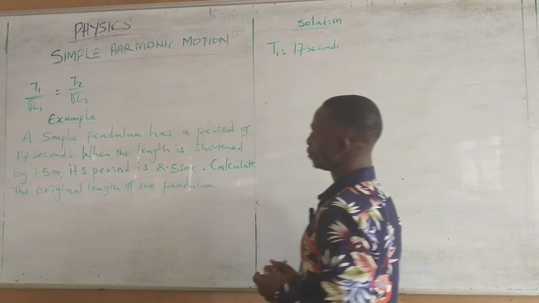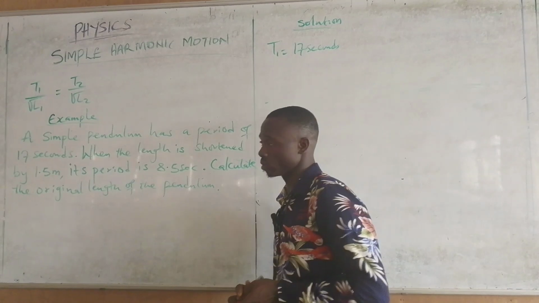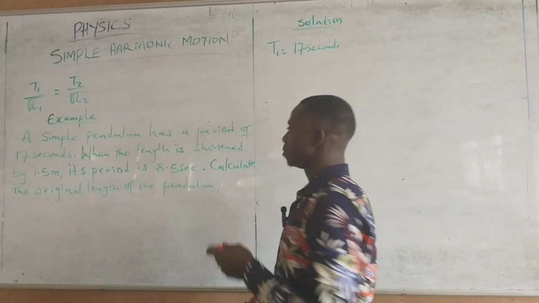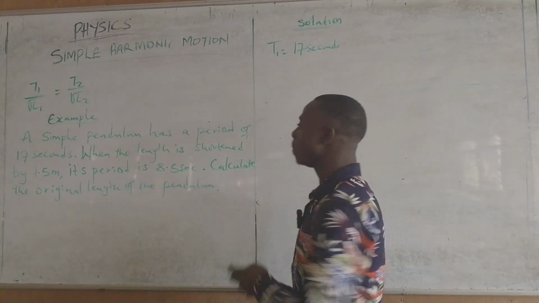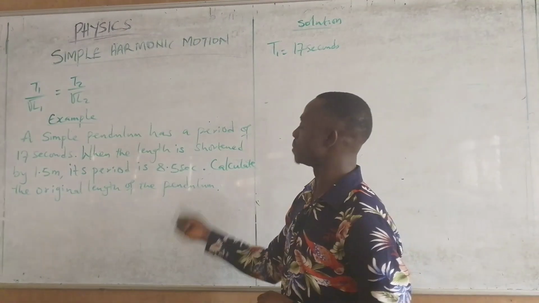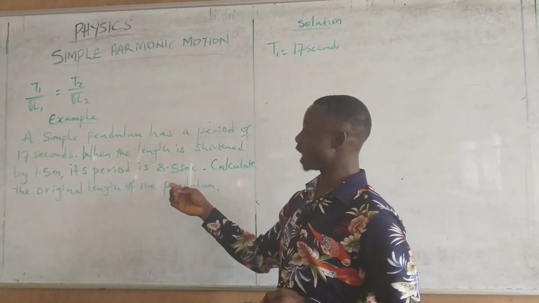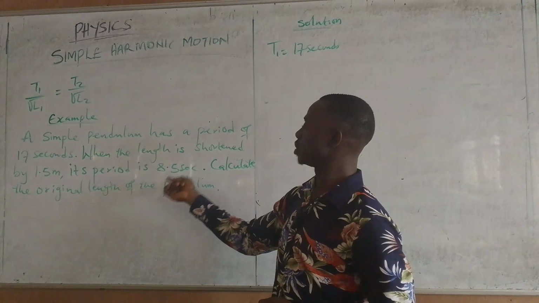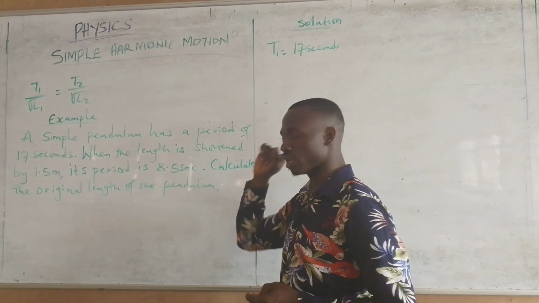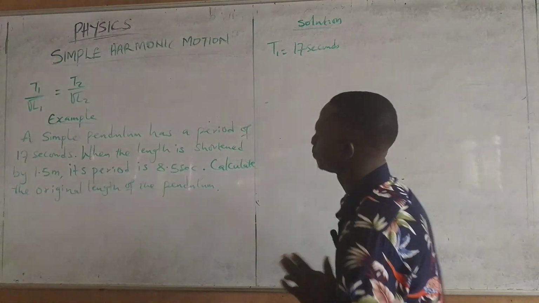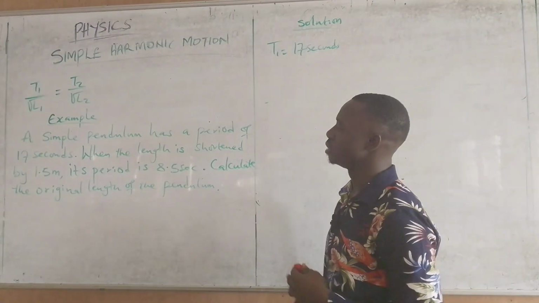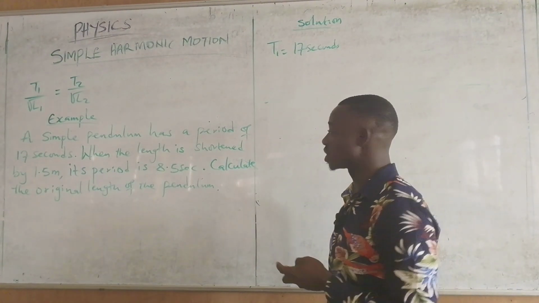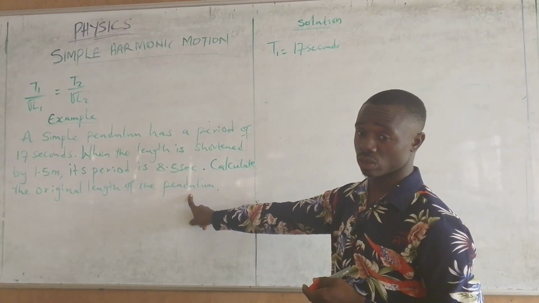Now, when the length is shortened by 1.5 meter, its new period is 8.5 seconds because the length has been shortened. But what this implies is that we don't even know what the original length is, and that is what we have to calculate.